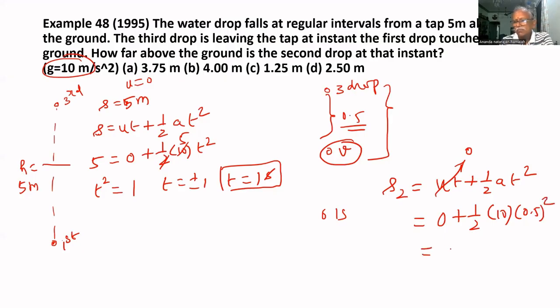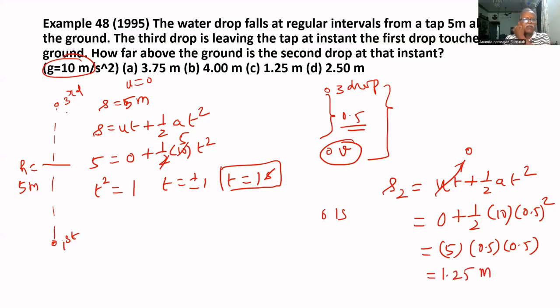That is 5 multiplied by 0.5 multiplied by 0.5, which is 0.25 multiplied by 5, equal to 1.25 meters.